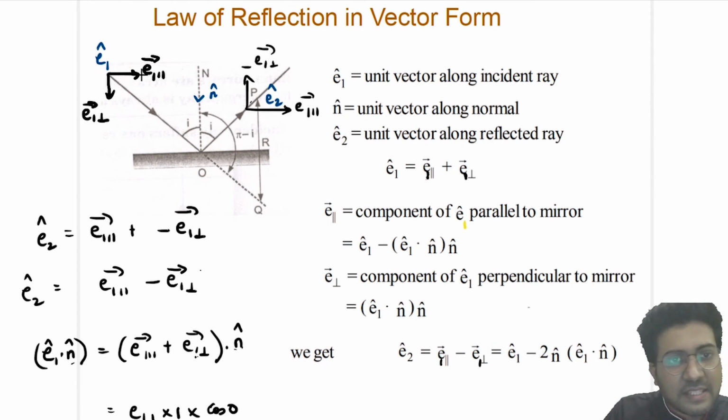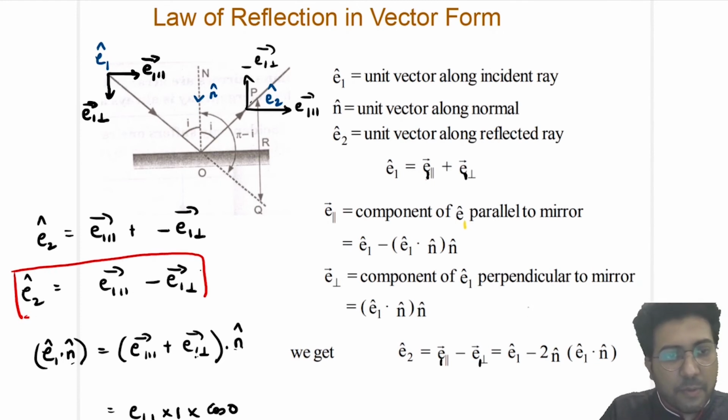So if this is E1 parallel, then this will also be E1 parallel, and if this is E1 perpendicular, this will be minus E1 perpendicular. So E2 cap can be written as E1 parallel vector minus E1 perpendicular vector, because E2 cap is the resultant of E1 parallel vector and minus E1 perpendicular vector. So we have got the value of E2 cap.